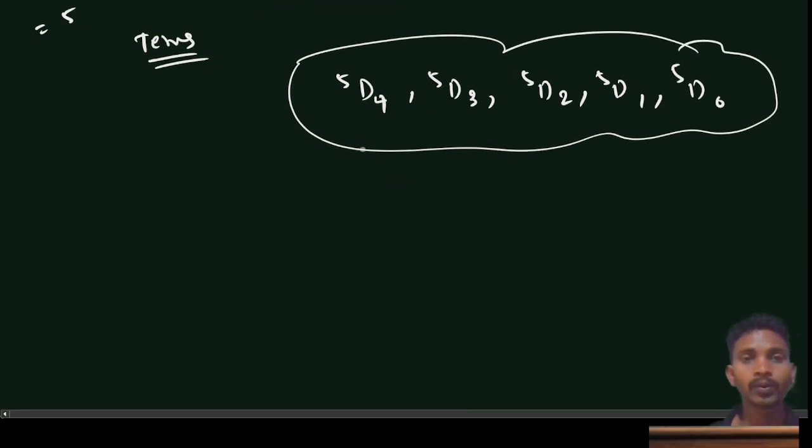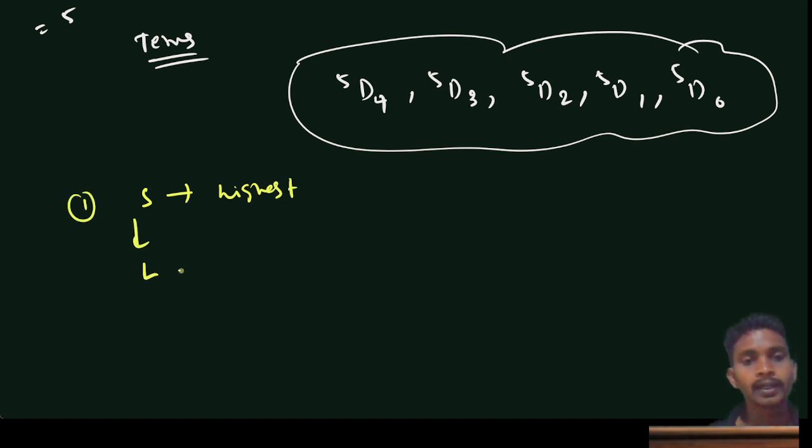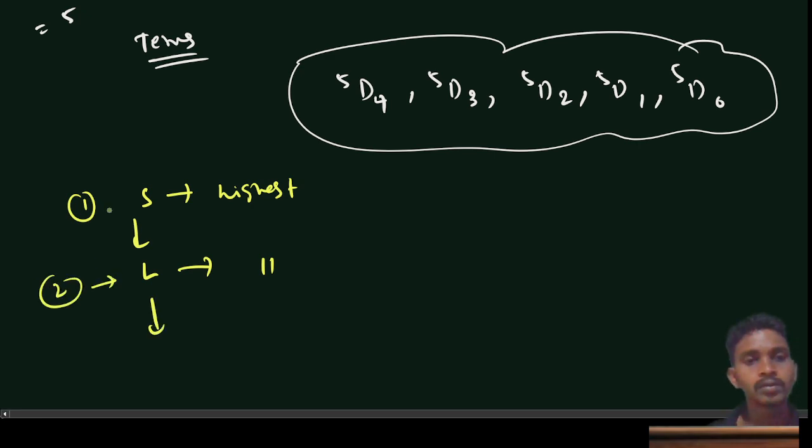From here we want to know what the ground state is. First we have to look at the highest S value. Next we will look at the highest L value. Then we go for whether this is half-filled or more than half-filled.